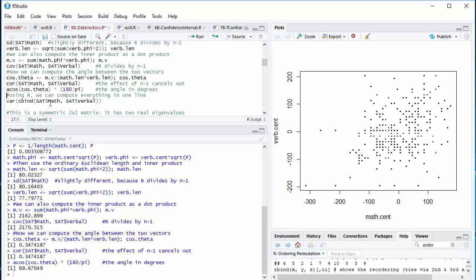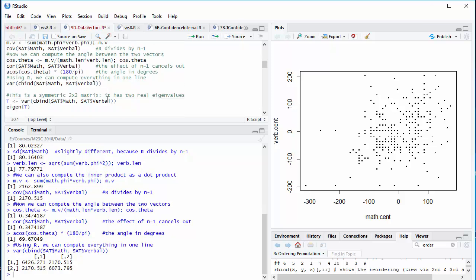In R, I bind together the column of math scores and the column of verbal scores to make a matrix, and then I pass that matrix to the variance function, and I get the covariance matrix. Variances down the diagonal, covariance on the off diagonal.